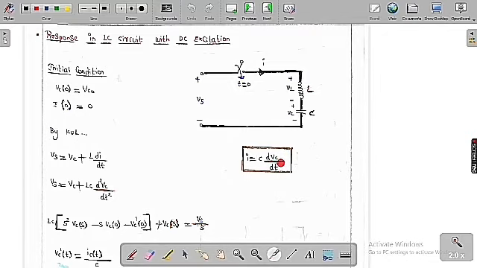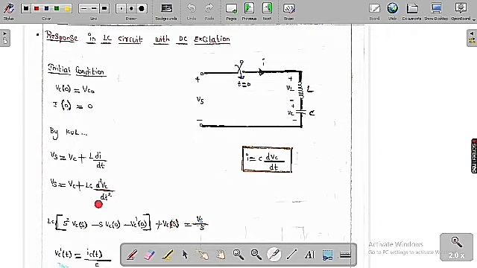This is the current and voltage relationship for the capacitor. Taking the derivative, di by dt is equal to C d square Vc by dt square. So finally we get Vs is equal to Vc plus LC d square Vc by dt square.